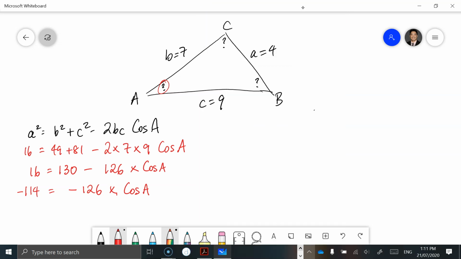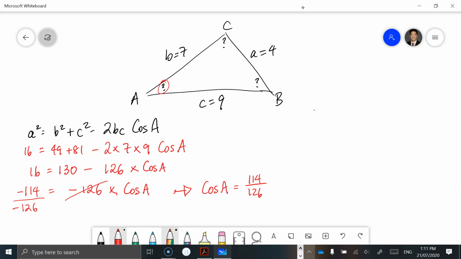We're going to divide both sides by minus 126, and we're left with cosine of A equal to 114 divided by 126.